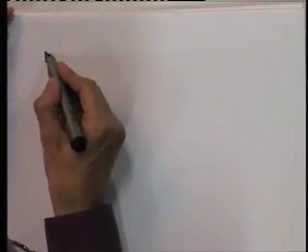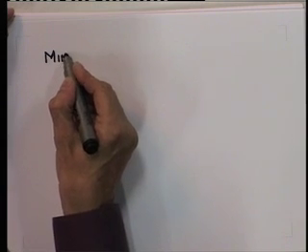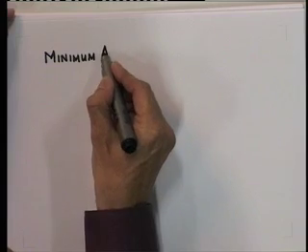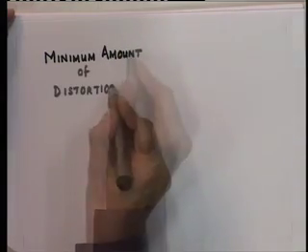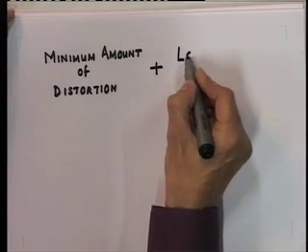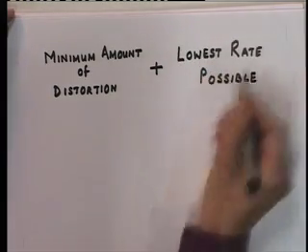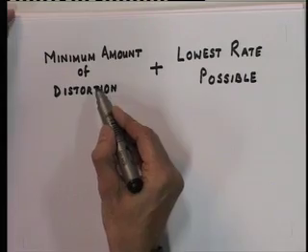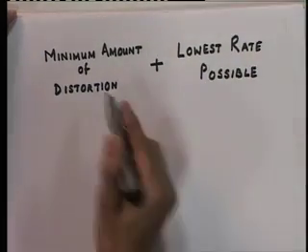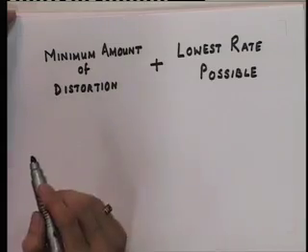So, in the best of all possible worlds, we would like to incur the minimum amount of distortion while compressing to the lowest rate possible. Obviously, there is a trade-off between minimizing the rate and keeping the distortion small.